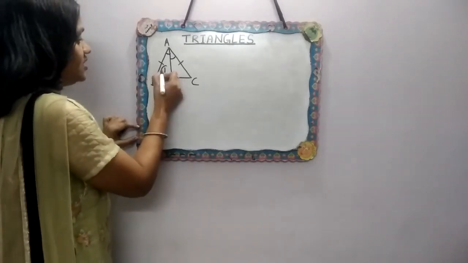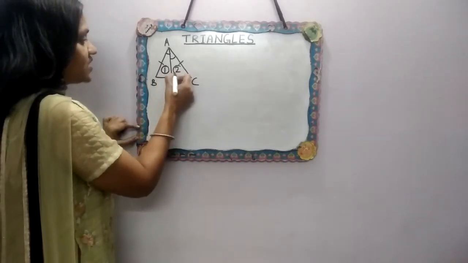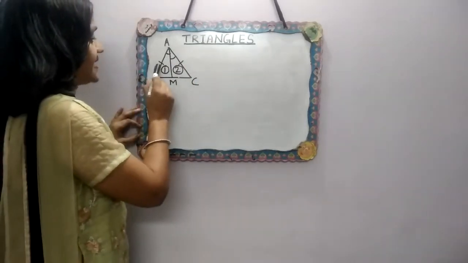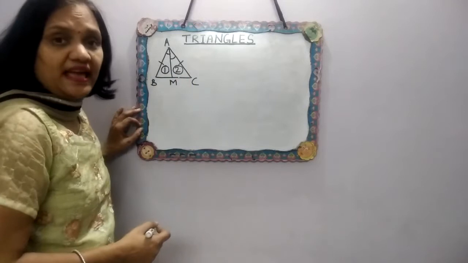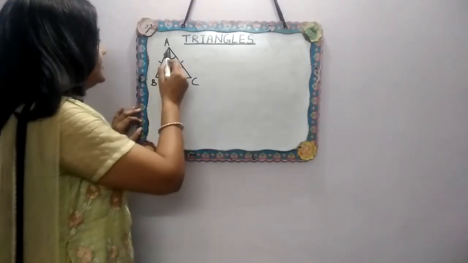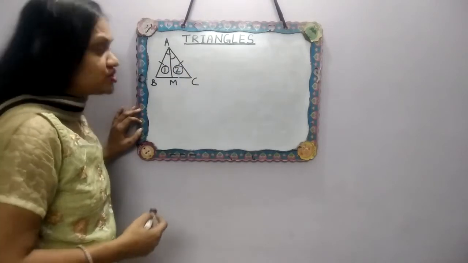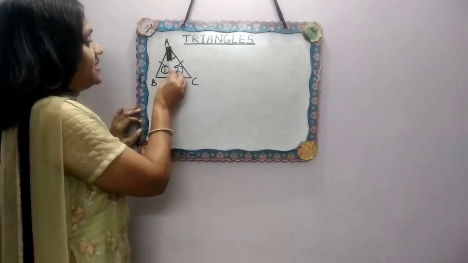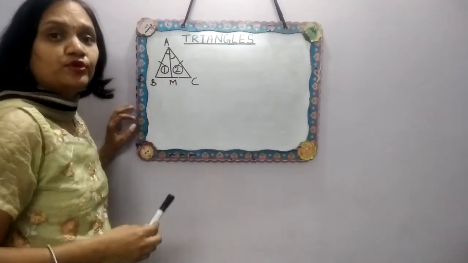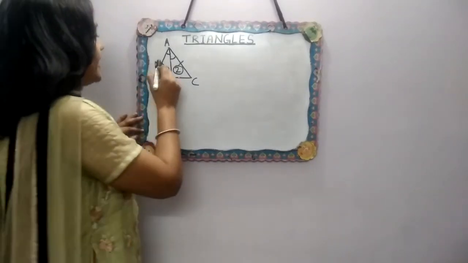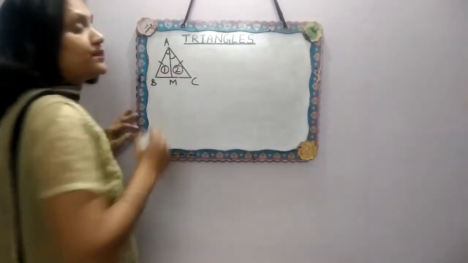Now if we look at triangle 1 and triangle 2, in these two triangles, AB is equal to AC, it's given. This angle is equal to this angle by our construction, and AM is a common side for both the triangles. So both the triangles are congruent by SAS property.